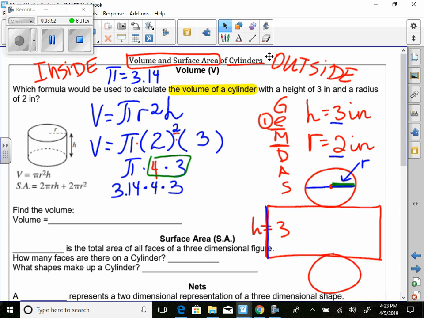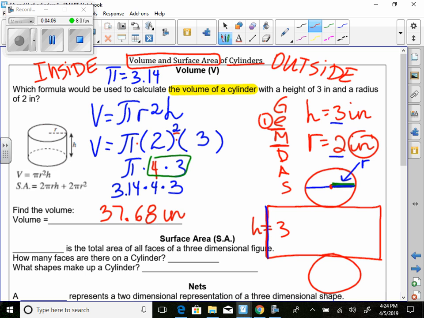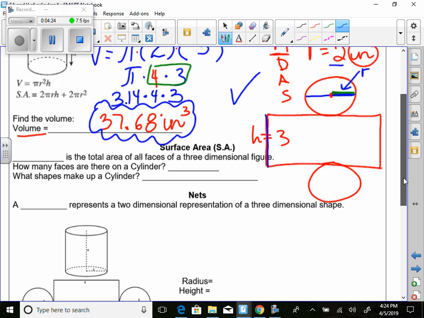In either case, 3.14 times 4 times 3 is 37.68. It's been measured in inches, and we're finding volume. Volume is always cubed, to the third power, so our answer is 37.68 cubic inches. Ta-da!